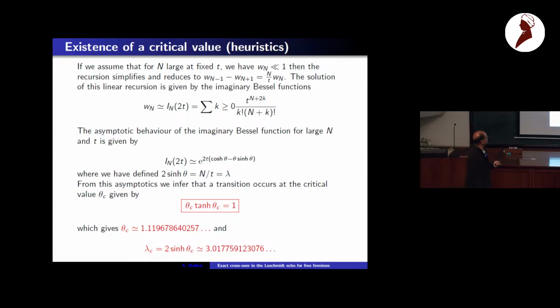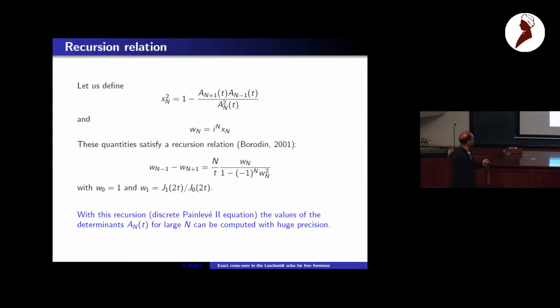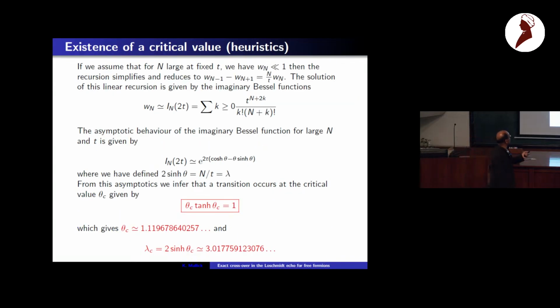So if you just close your eyes and linearize everything, essentially the w_n are given by the I_n, which are the modified or imaginary Bessel functions, which do not oscillate, evaluated at 2t. But we're interested in these imaginary Bessel functions for large argument and large index. Again, the asymptotics is very well known.